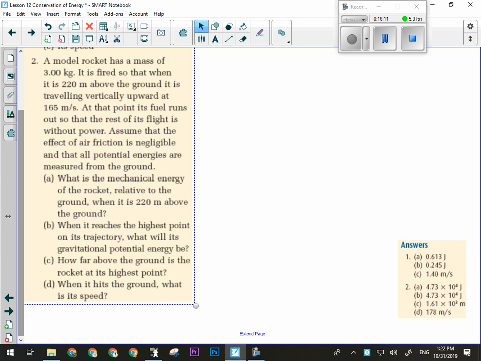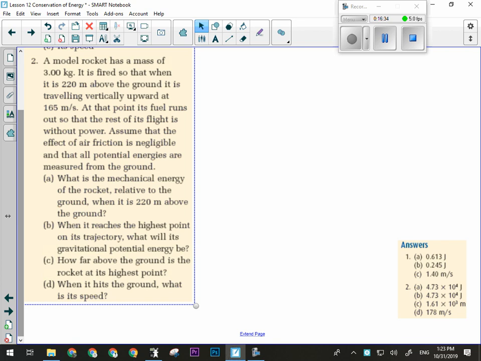At that point, its fuel runs out. So now, no more work is being done. No more energy is being put into the rocket system. So the rest of its flight is without power. Assume that the effect of air friction is negligible. That's their way of saying use the law of conservation of energy for this question. And that all potential energies are measured from the ground.